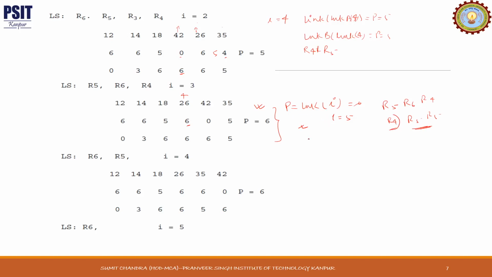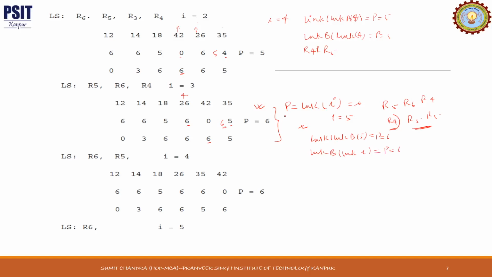So now I is equal to 5. So link B of 5 is equal to P, that is equal to 6. So link B of 5 is 6 and link of 6 is 5. So link of 6 will now become 6. And link of I is equal to P, that is equal to 6.